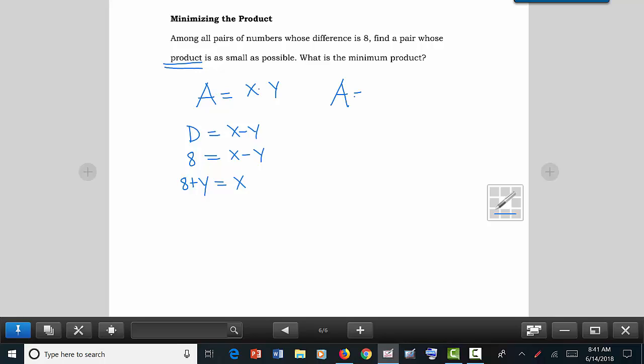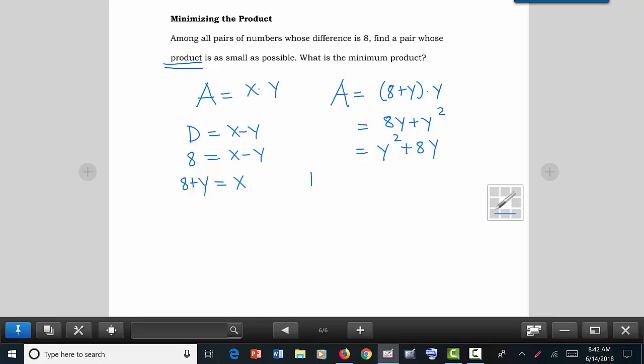A, the product, X times Y. In fact, I want to get it in terms of Y. X is 8 plus Y, times Y. So we get 8Y plus Y squared. We can write Y squared plus 8Y, so you will not get confused with B and A.